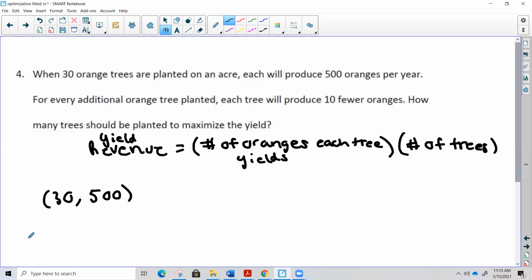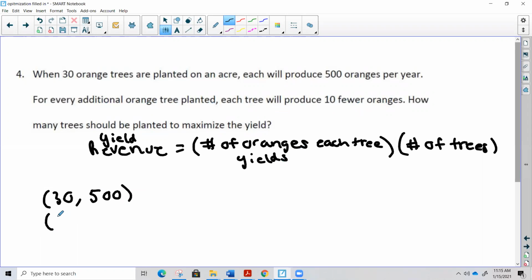For every additional orange tree planted, when the number of trees goes up by 1, each tree will produce 10 fewer oranges. So the output will go down by 10. This is linear because we're going up the same amount of trees and down the same amount of oranges produced, so it's a constant slope.